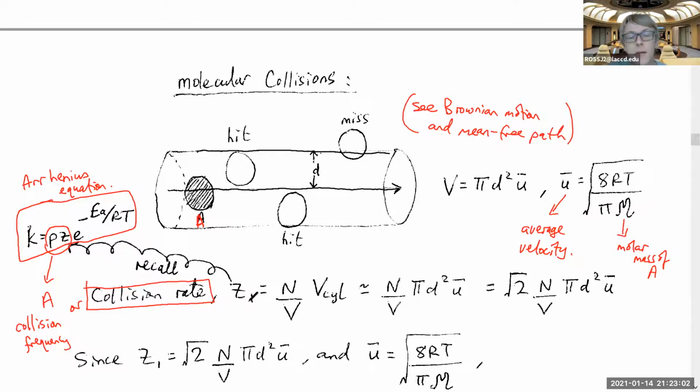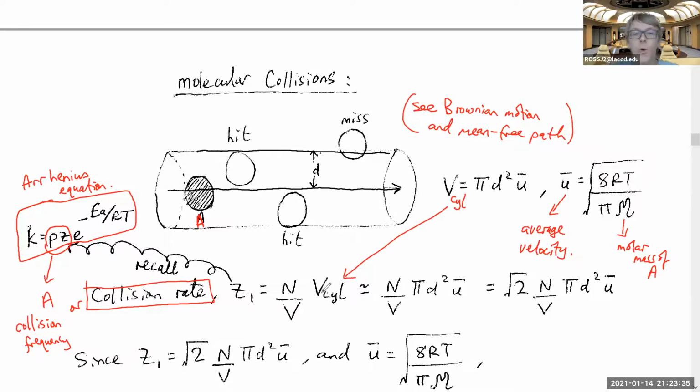Now we're going to spend a bit more time looking at what that Z is. Z here is the number of molecules A that you have per unit volume times the volume of this cylinder, which is the void etched out by molecule A that's moving.